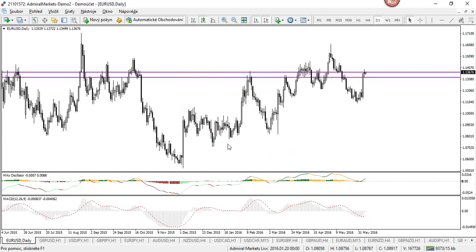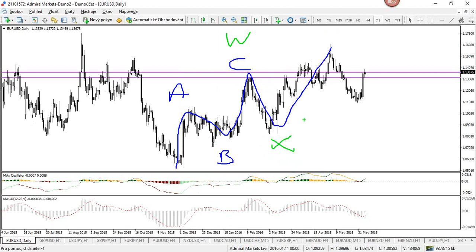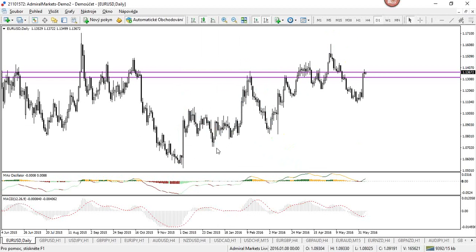All right. So this looks more corrective. This looks like, for instance, an A, B, C, which finished a bigger W, and this is an X, and this is a Y, for instance. So you can basically use the oscillator to identify swings.